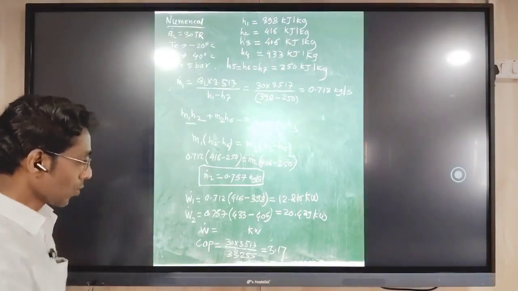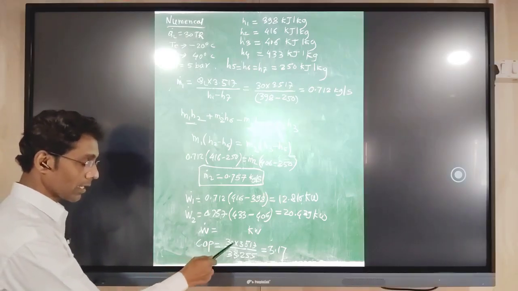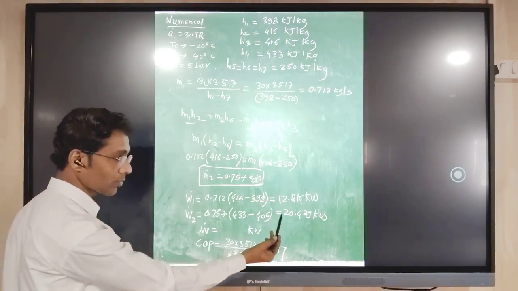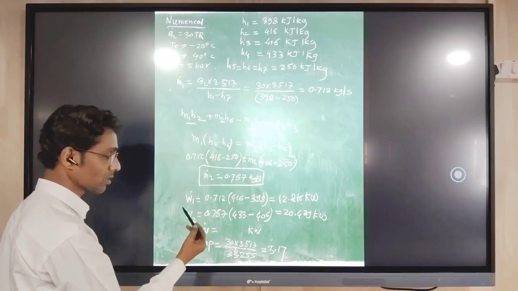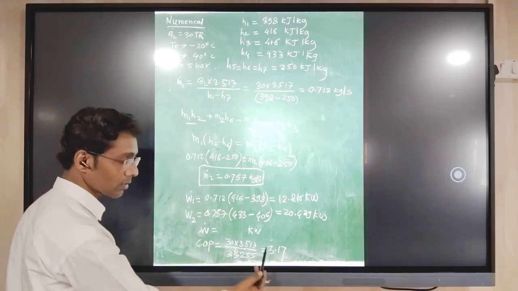COP is the output, that is the cooling effect in TR converted into kilowatts, divided by the sum of the work consumptions of both compressors. Then we find the COP.